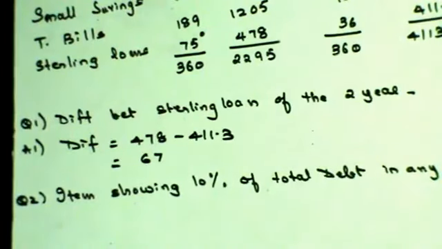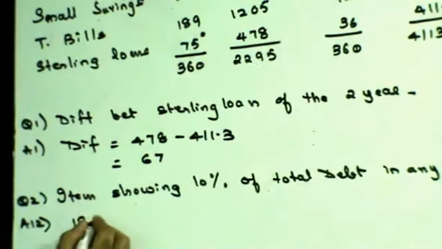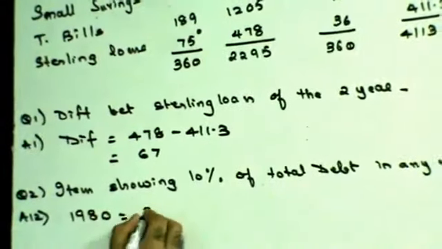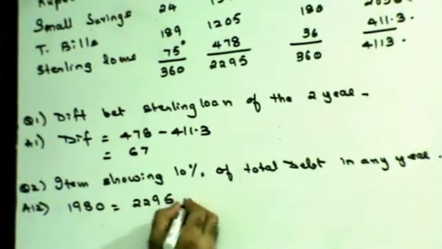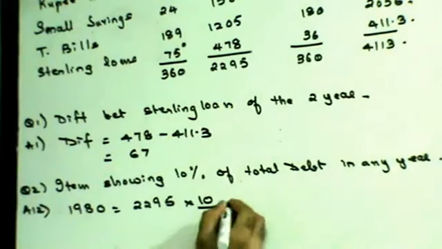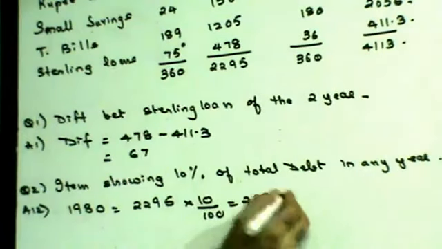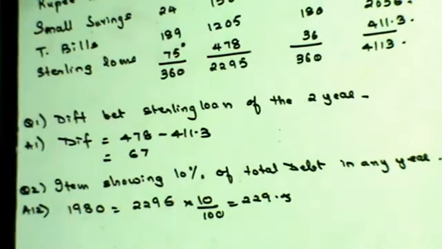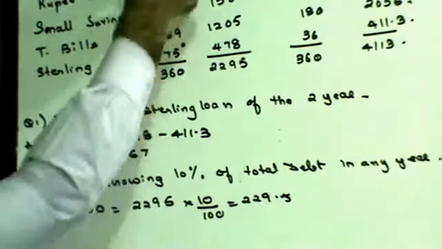Now, in any year means in 1980 or 1985. Let's see this. For 1980, the total loan is 2295. 10% of that will be 229.5. Is there any figure in 1980 which is 229.5? No. In 1980 there is no figure which is 229.5.